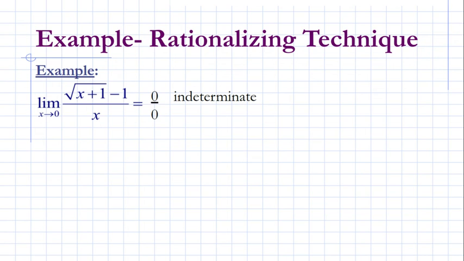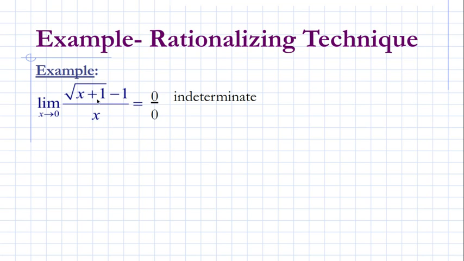So now we want to use a simplifying technique. We can't factor because this is not a polynomial, but when you see a radical, we can rationalize the numerator in this case, because we can move the radical from the top to the bottom if we'd like. That's not something we always do, but it's just another way of rewriting the function. So in order to rationalize, basically to turn this into a rational function and move the radical to the bottom, we have to multiply by the conjugate.